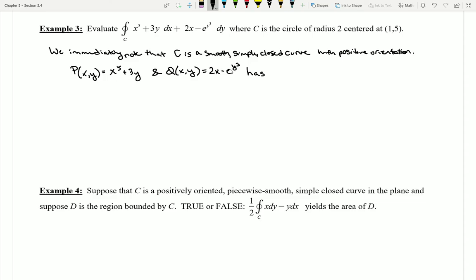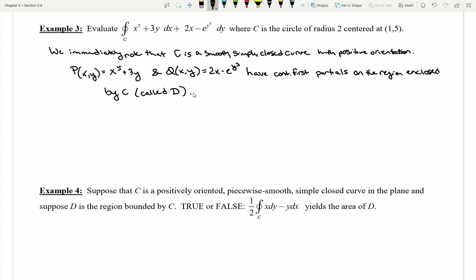This is a polynomial plus like some exponential functions. So I should be able to say that these guys here have continuous first partials definitely on the region enclosed by C. Again, remember that we call that region D.